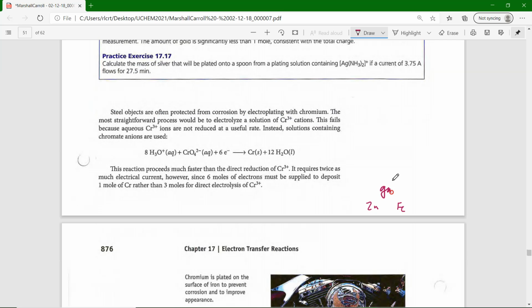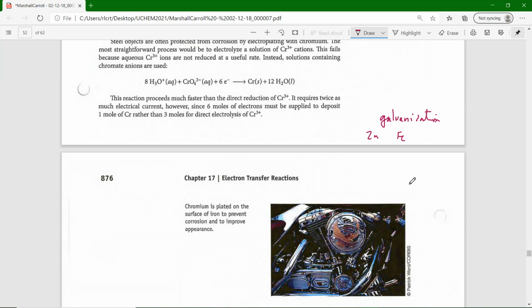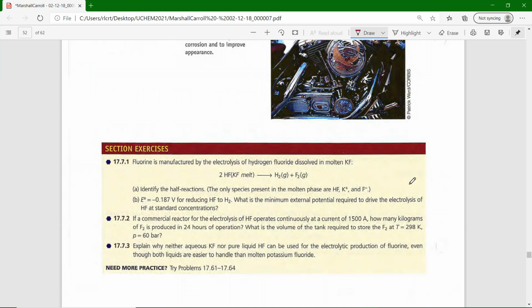And that process, you may have heard of it before, is galvanization. So we talk about galvanized steel. It means you have zinc as the outer surface, and it is the zinc that is oxidized, protecting the iron underneath. And there are other examples. Ooh, that's pretty. Okay. And what do we have next?